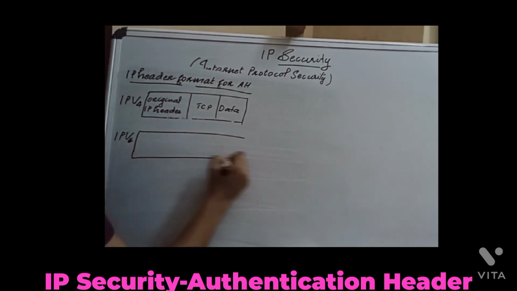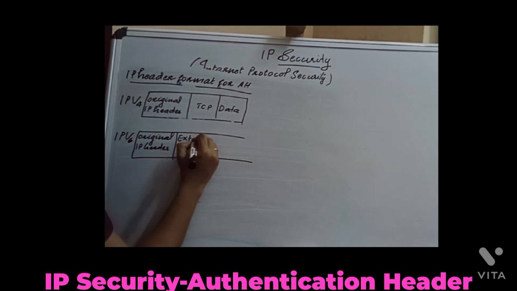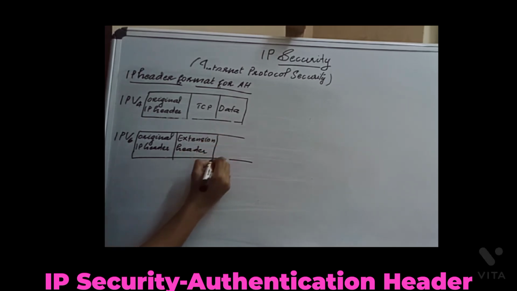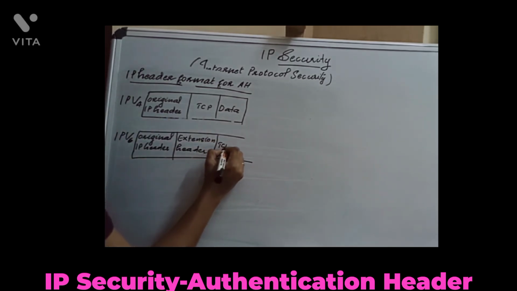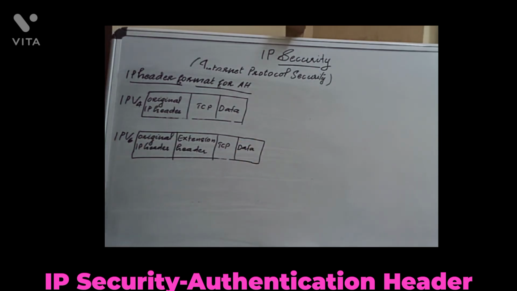The IP version 6 packet format is like this: original IP header, extension header, TCP, data. So this is the packet format of IP version 4 and IP version 6. Here IP version 4 is the same, and if we add an extension header, an extra field, we get IP version 6.